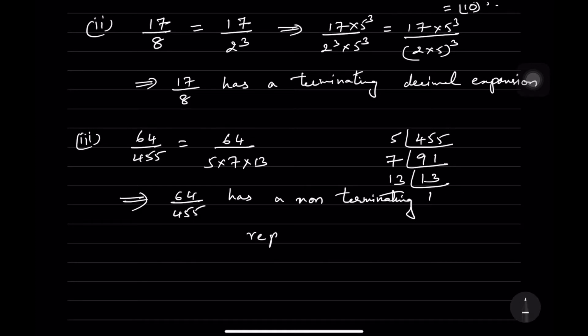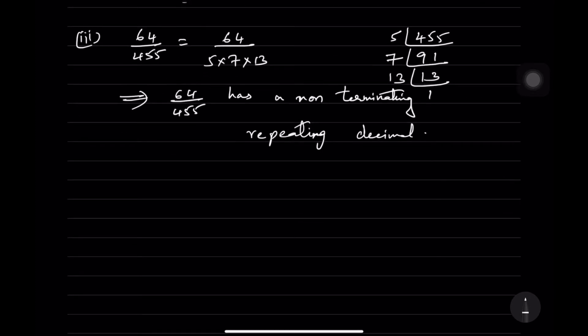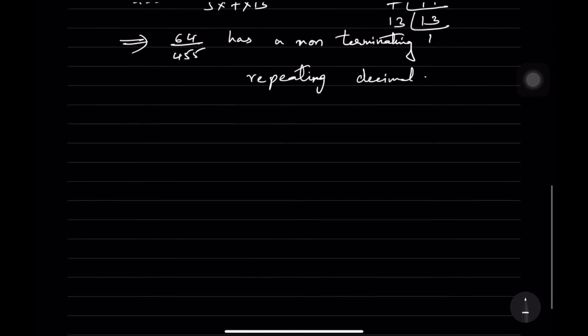You can clearly see that in the denominator we have only multiples of 5, 7 and 13. We don't have multiples of 2. So it should be multiples of 2 and 5 only, either 2, or 5, or both combined, that is 2 into 5. It cannot be 7 or 13 or any other odd numbers. So therefore this has a non-terminating repeating decimal expansion.